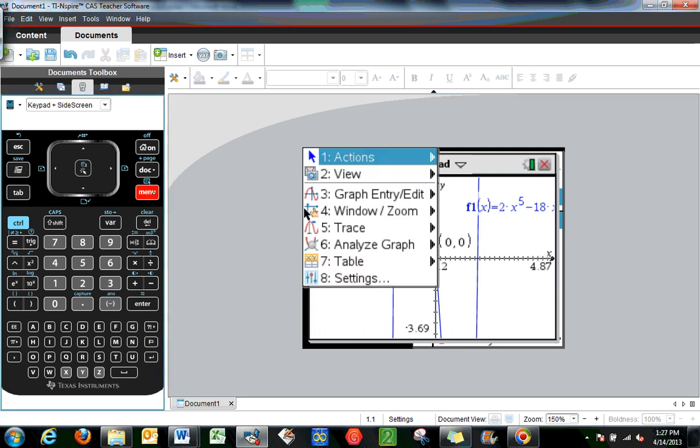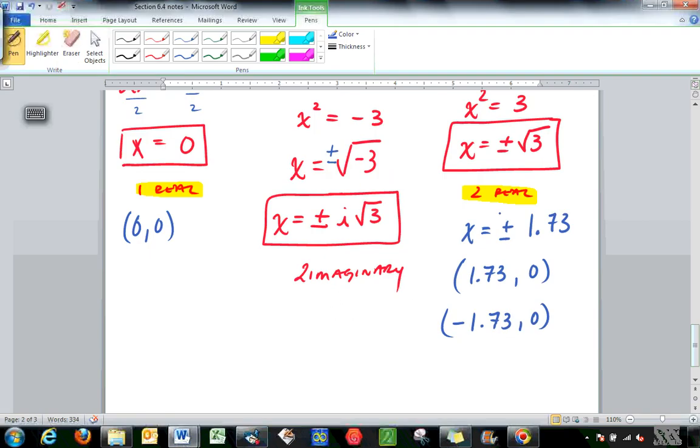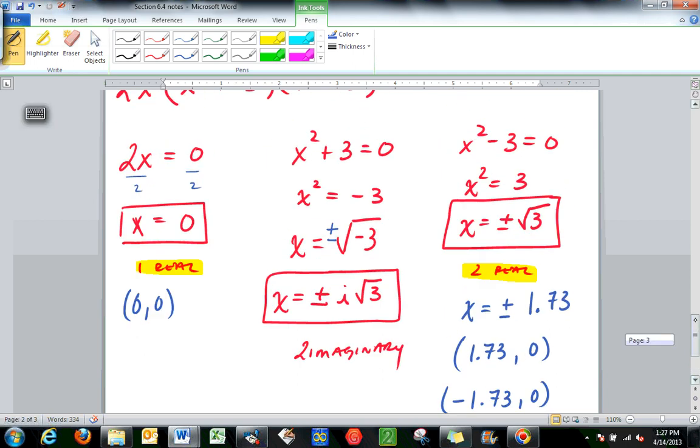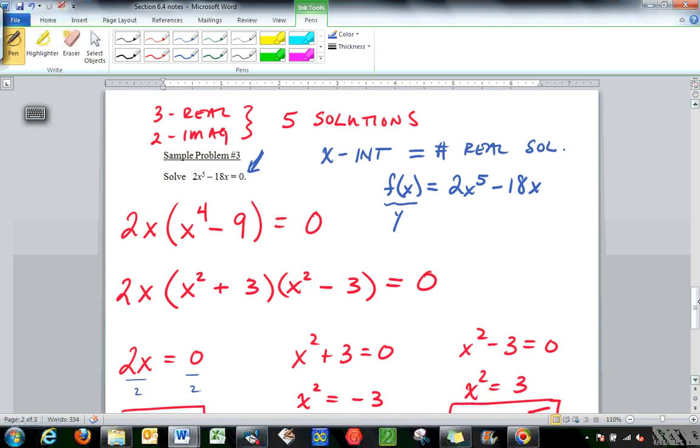And then lastly, I can do the final 0 here, and you can see that our 3 intercepts match up with our 3 real solutions. And so that is a good way to know whether you're getting the right real solutions or not, and the right total amount and the correct solutions themselves.